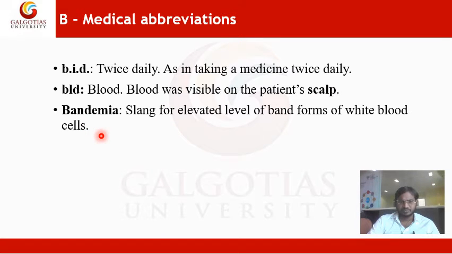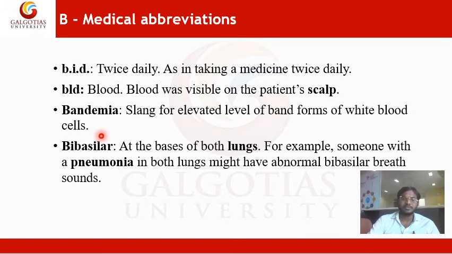Next one, bandemia. Bandemia, slang for elevated levels of band forms of white blood cells. It's called bandemia. Basilar, at the base of the lungs. For example, someone with pneumonia in both lungs might have abnormal basilar breath sounds.